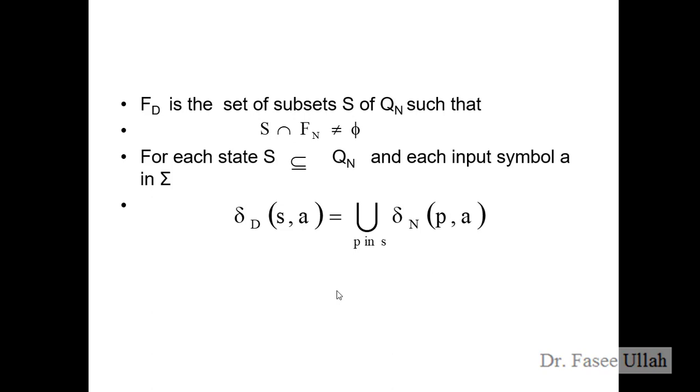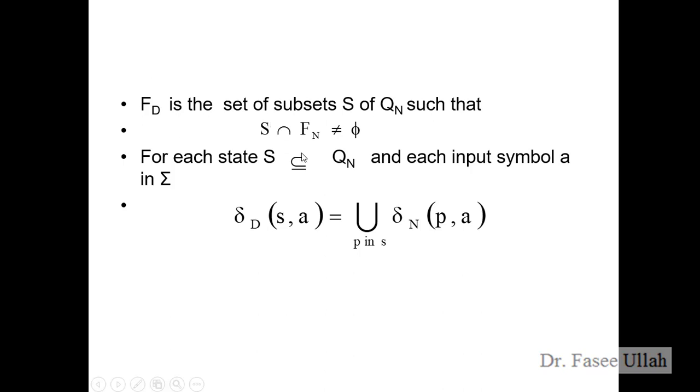We have a more generic form of presentation. F of D is the set of subsets S of Q of N such that S intersected with F of N is not equal to empty. What does it mean?